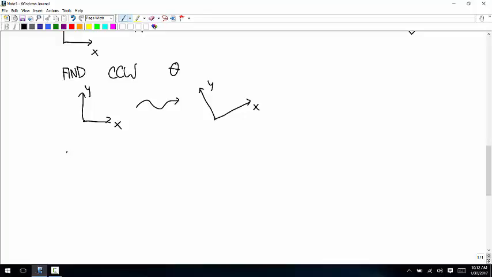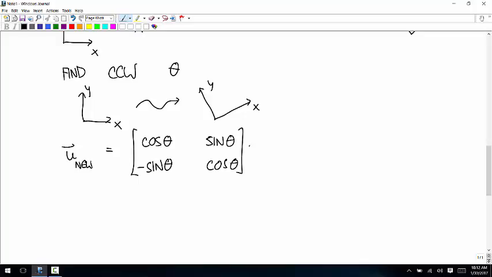And then your vector in the new coordinate system is equal to [cosine theta, sine theta; negative sine theta, cosine theta] times the vector in the old coordinate system.